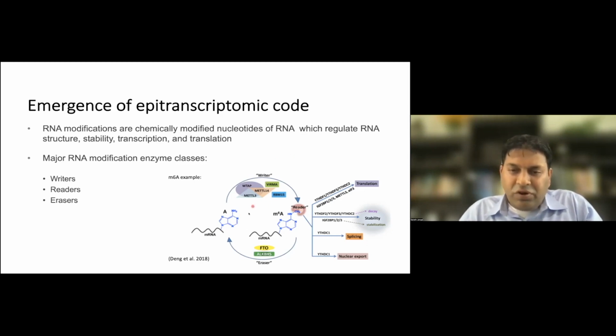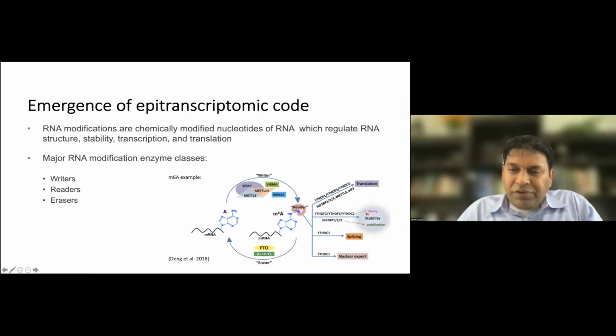For instance, if you focus on an m6A-encoded mRNA, you could have the writer class of methyltransferase enzymes, which would install the modification, while the FTO or ALKBH5 kind of erasers would remove it. The readers, several RNA binding proteins which can specifically recognize the modification, could result in functional outcomes in various forms, such as translation, splicing, and nuclear export.